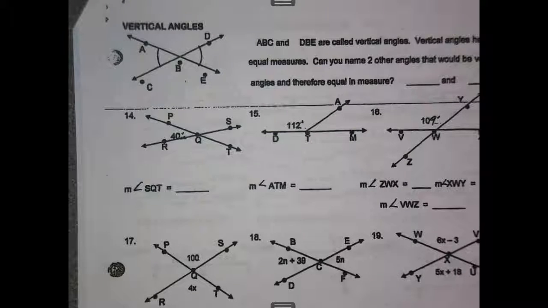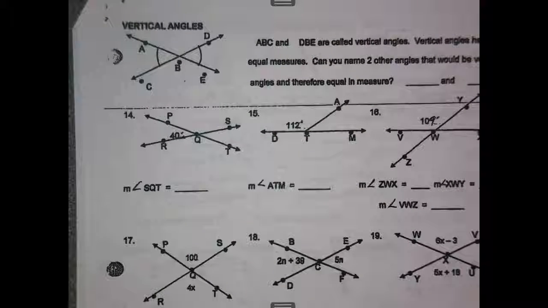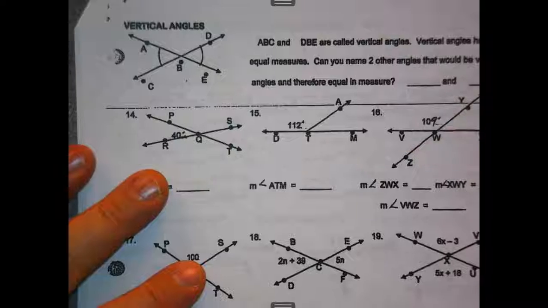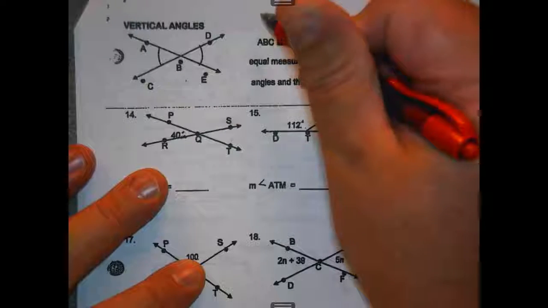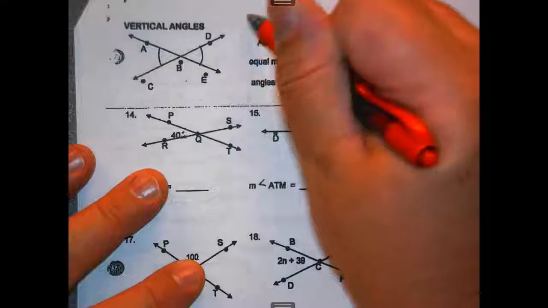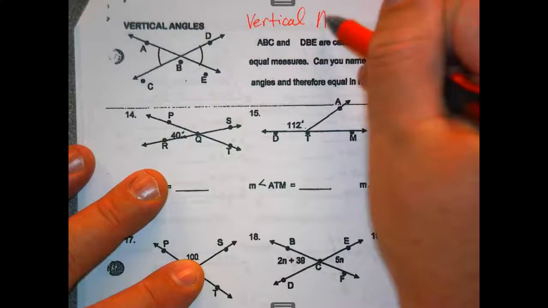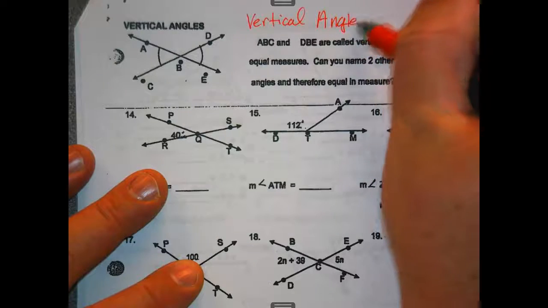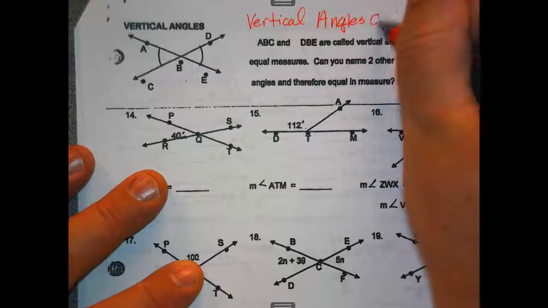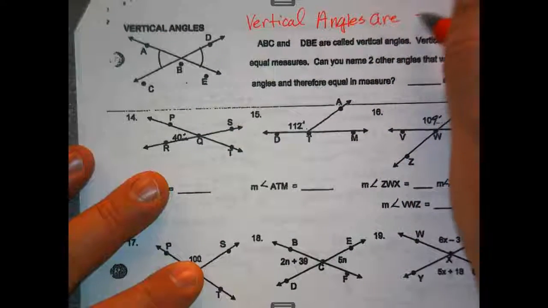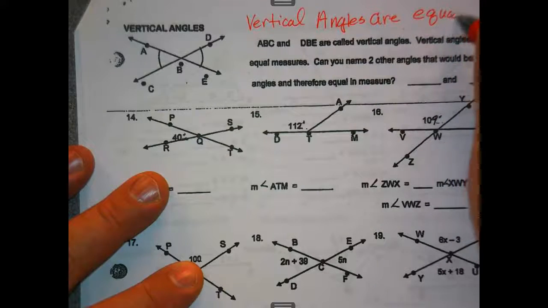Okay, vertical angles. What do we know about vertical angles? They're equal. Vertical angles are equal. Always equal.